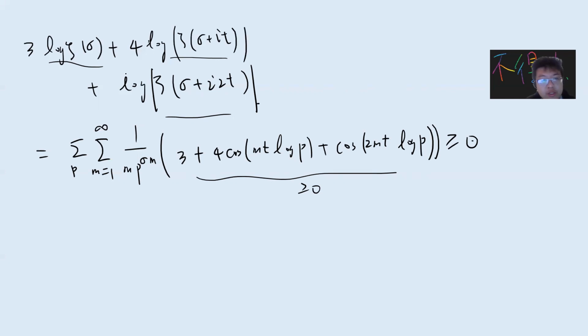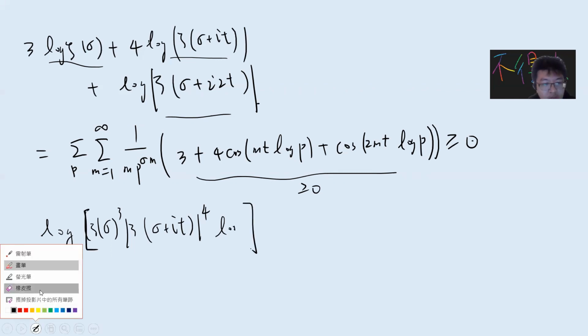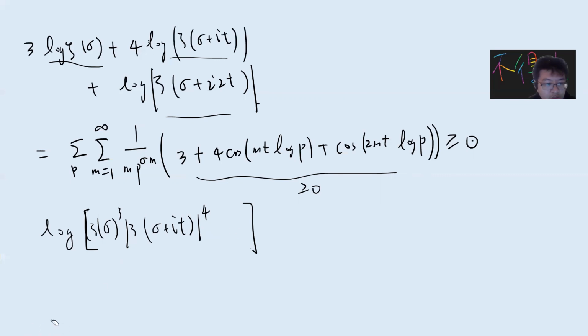Okay, so combine everything, and we get the log of zeta of sigma cubed, times zeta of sigma plus it absolute value to the power 4, times zeta of sigma plus 2it.